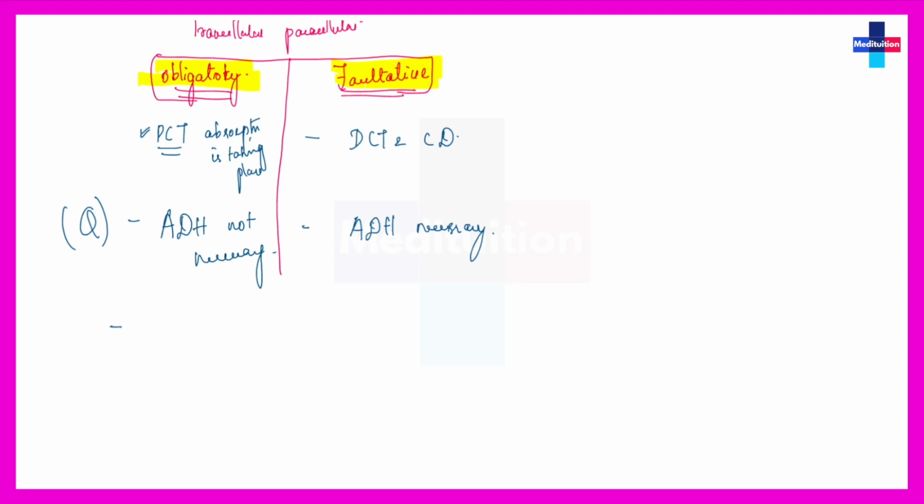In obligatory absorption, they are aquaporin 3 channels. In the DCT, or in the facultative mechanism, the aquaporin 2 channels are involved.